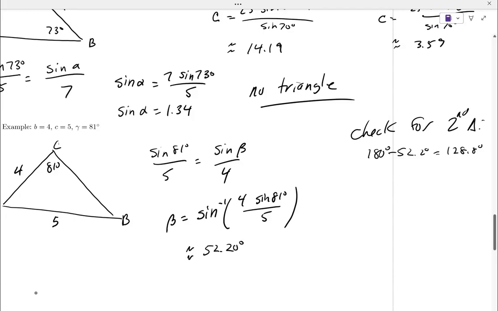And then we add the 81 that we're given. That's 209.8. So is that going to work? No. This is greater than 180. So no second triangle.